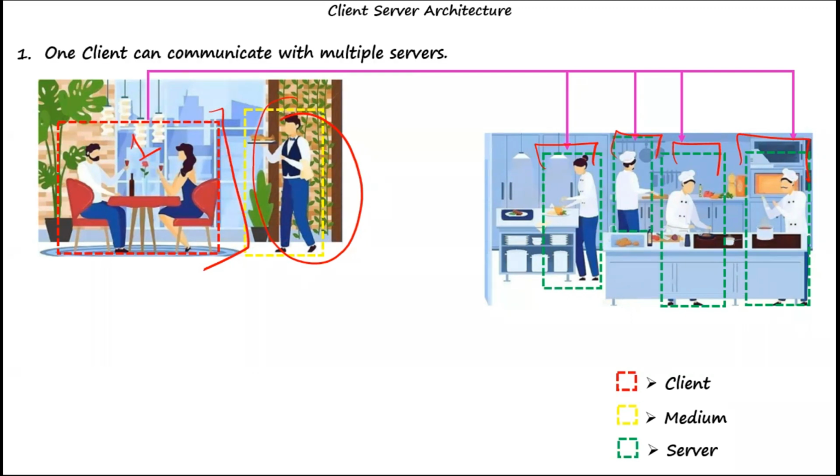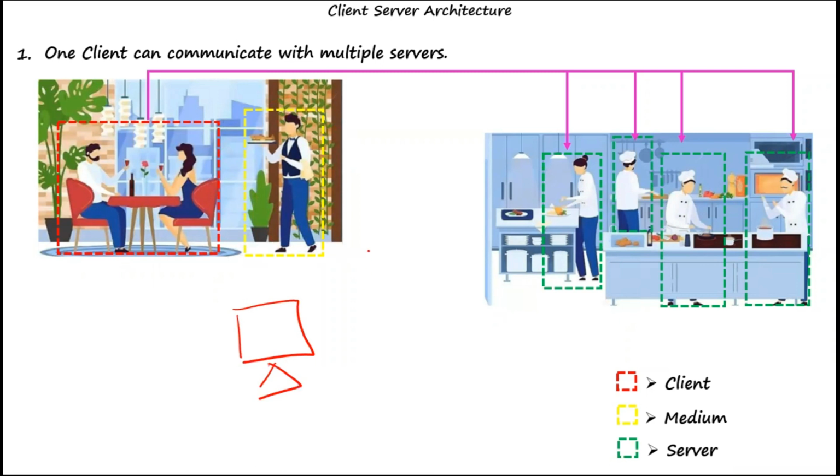And that one client can communicate with multiple servers. This is very important. Suppose you have a PC at your place and you want to access emails, you want to transfer files, and you want to watch videos.